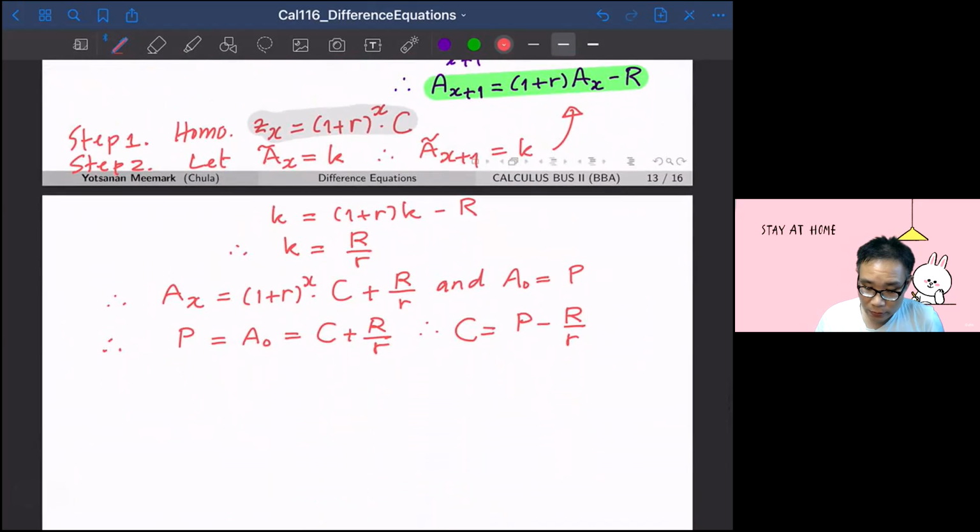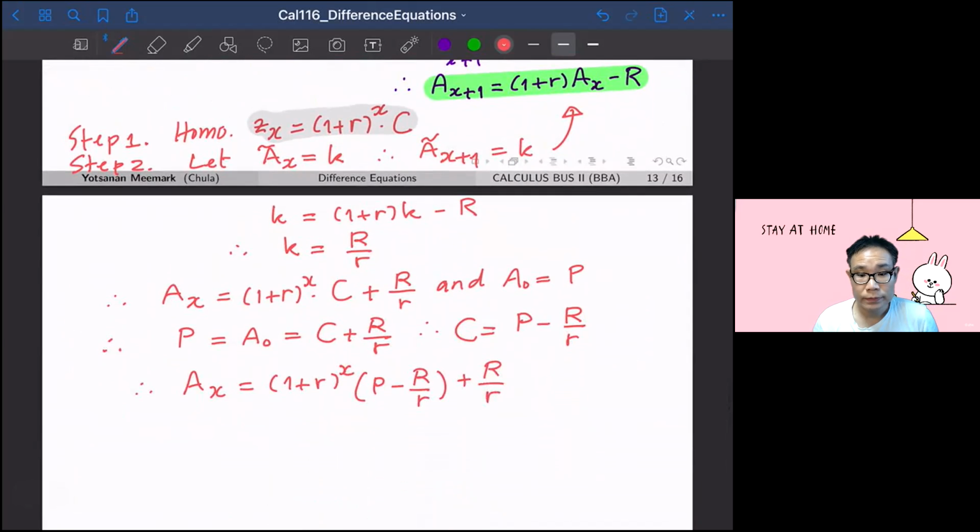So for this one, you're going to get a_x equal to (1 plus r) to the x, times (P minus R over r), and you're going to add R over r.